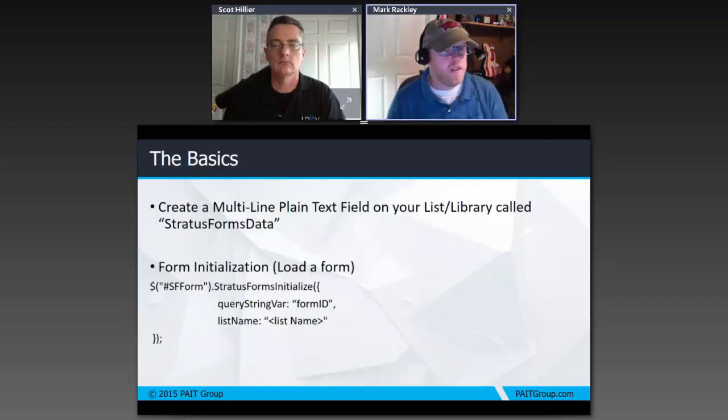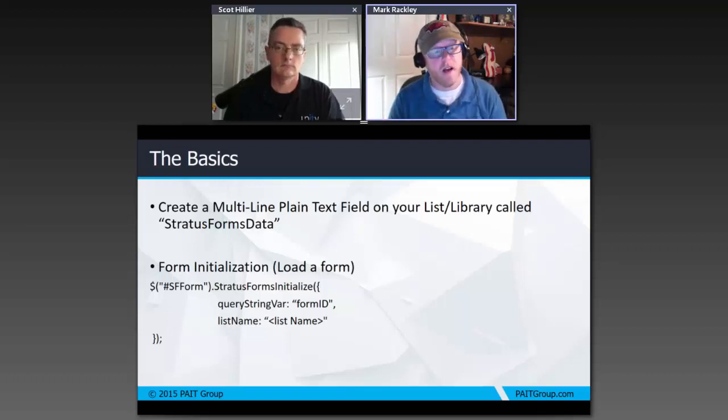Kind of the secret to StratusForms is that whenever you want to create a form on a list or a library, you have to have a special field that contains that JSON object, and that is just a plain text multi-line field called StratusForms data. That is the only configuration step you really have to take to get started using the tool.